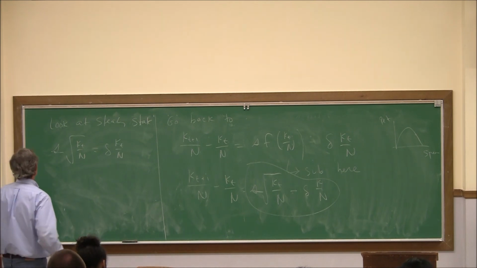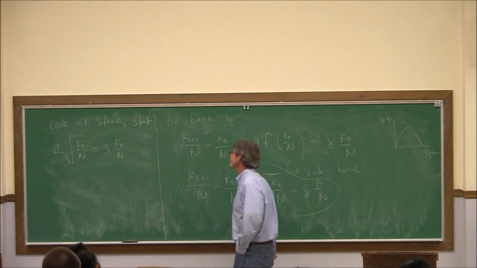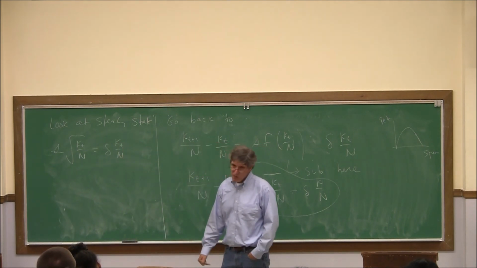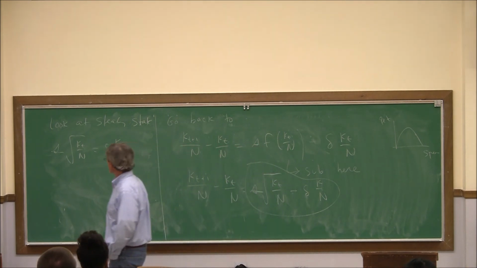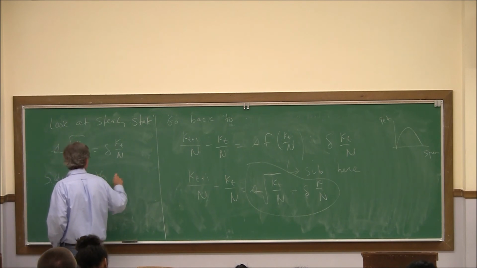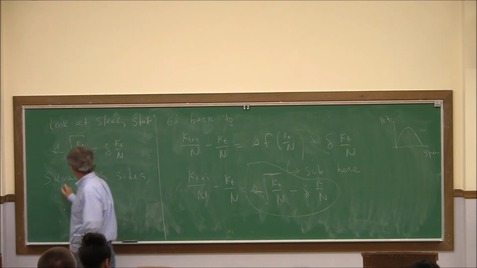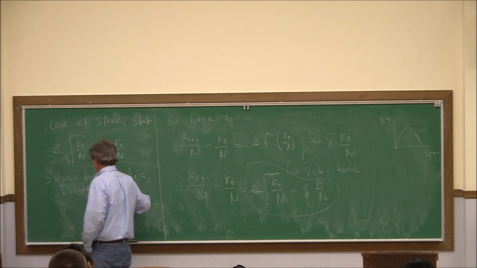What you have to do is square both sides and then divide by k over n. So we're going to square both sides, and then we're done, almost. Divide by k over n.